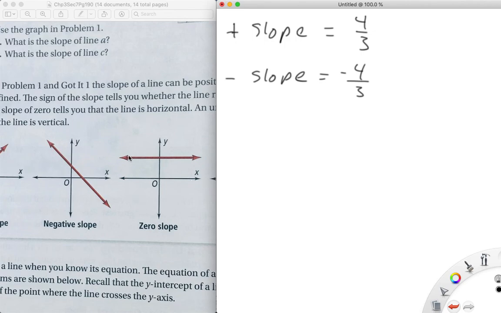Then we have something called a zero slope. When you have a zero slope, that means your numerator is 0, which means you have a slope of 0. And when you have a 0 slope, you have a horizontal line.